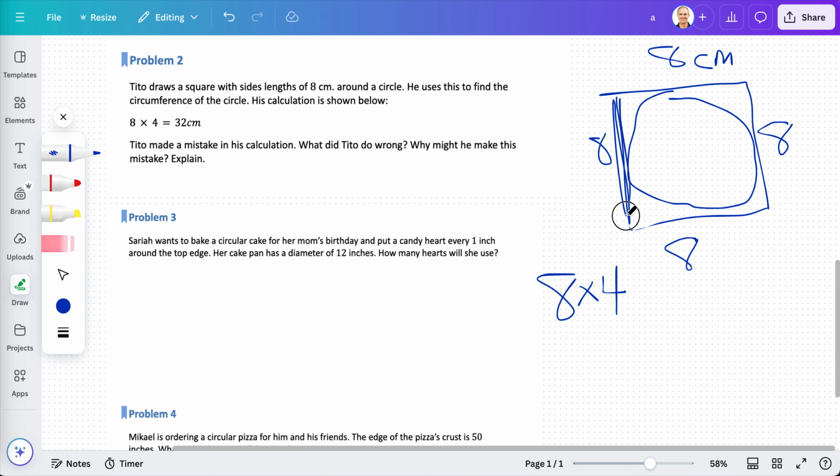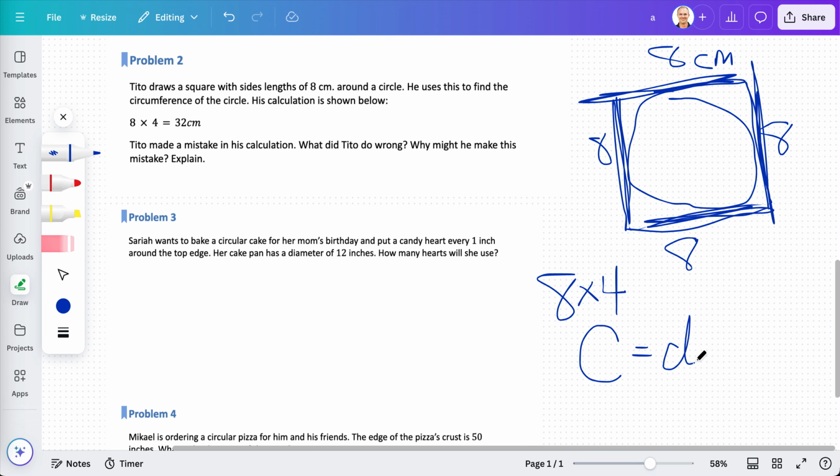So he added up these 4 sides and he thought that that might find the circumference. Not going to happen, Tito. The formula for a circumference of a circle is diameter times pi.